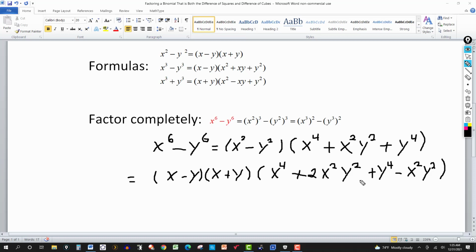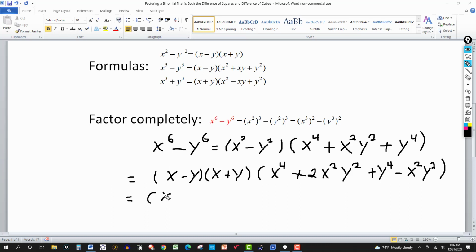So the expression then becomes the same thing, because notice 2x squared y squared minus, this is understood to be a 1 here, minus 1x squared y squared gives me the same thing back. So now let me rewrite this now.